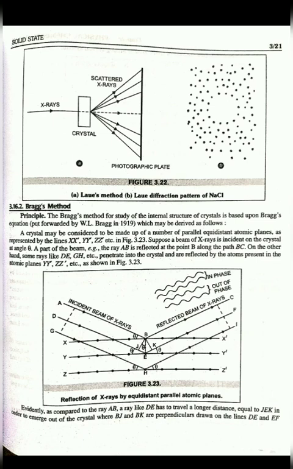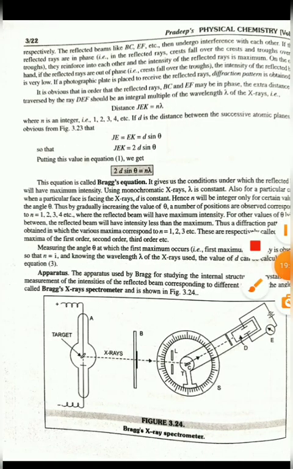Evidently, as compared to the ray AB, a ray like DE has to travel a longer distance equal to JEK in order to emerge out of the crystal, where BJ and BK are perpendiculars drawn on the lines DE and EF respectively. The reflected beams like BC, EF, etc. then undergo interference.